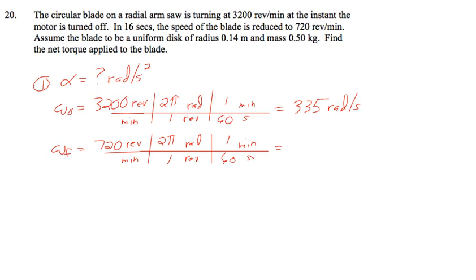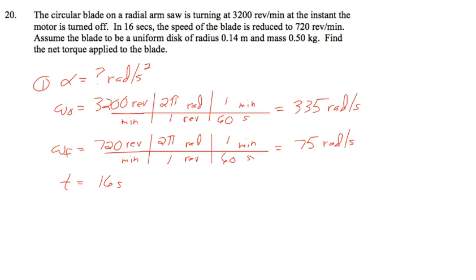It's going to be smaller, right? 75.4, and I'm going to actually just write it as 75, because I've already written the number 335 to the nearest radian per second, the nearest whole number, so I'm going to keep it consistent. Why would I have one number to the nearest 1 and the other one to the nearest tenth of a radian per second? So I have that, and this is all happening in 16 seconds.